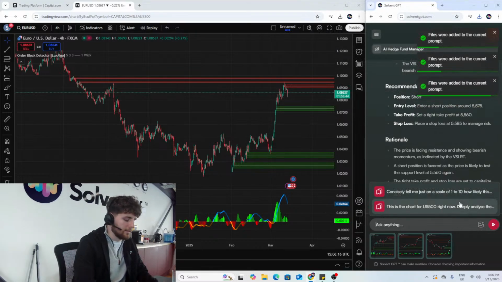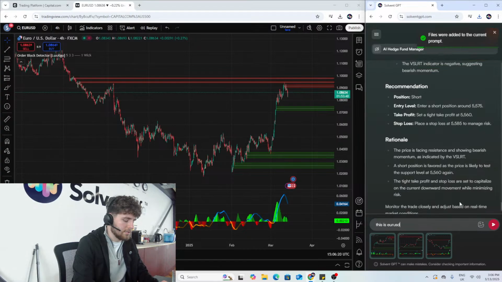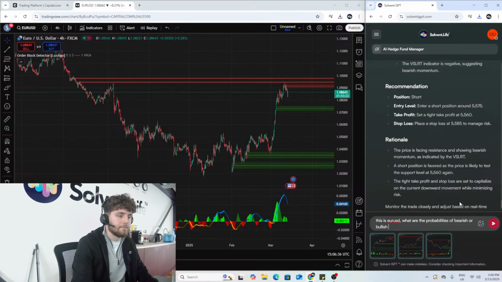Let's drop that down there. This is Euro USD. What are the probability of bearish or bullish regarding these charts?